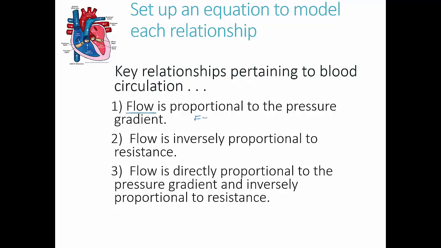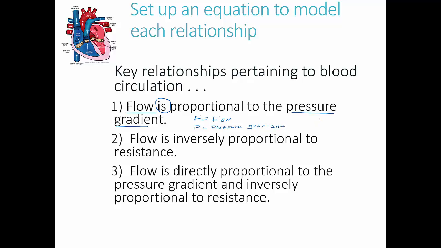So I'm going to let F equal flow. Here is my verb. In math, that verb is the equal sign. Here's the word proportional, which is one of our key words for directly, and it's proportional to the pressure gradient. So that is my other variable, and I'm going to use P equals the pressure gradient.